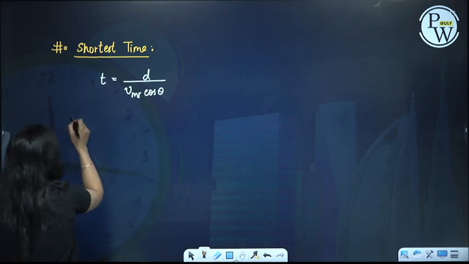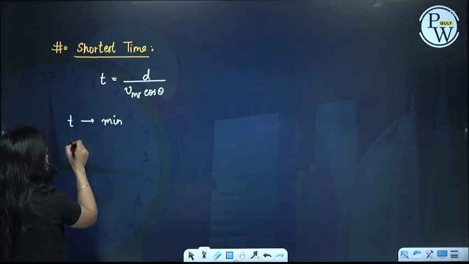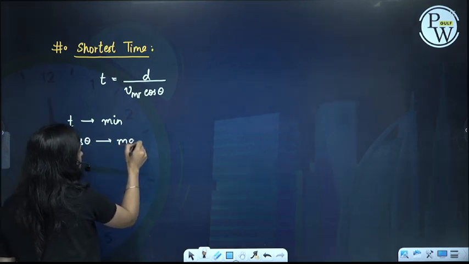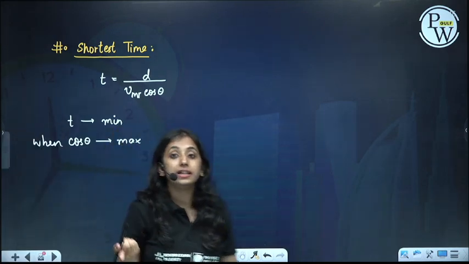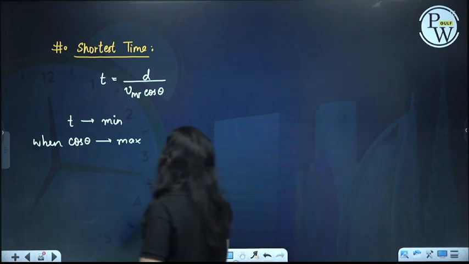Now time will be minimum when the denominator is maximum. So time is minimum when cos theta is maximum. Denominator is maximum, fraction becomes minimum.